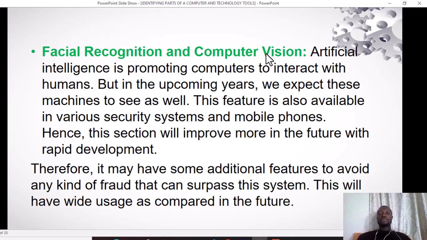Therefore it may have some additional features to avoid any kind of fraud that can surpass the systems. We talked about the system architecture and security. This will have wide usage in the future. All right, let's move on.